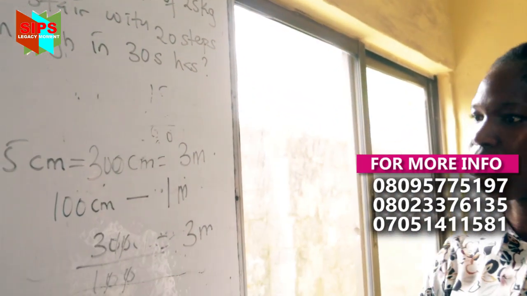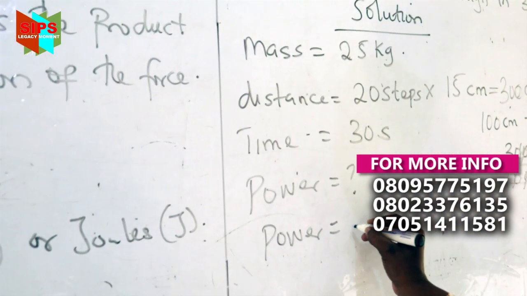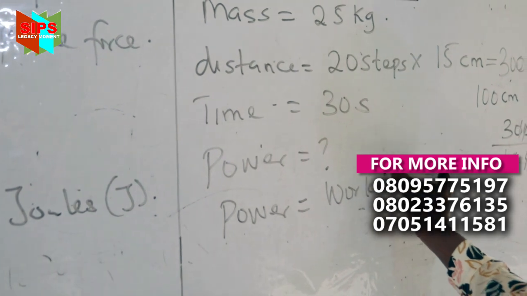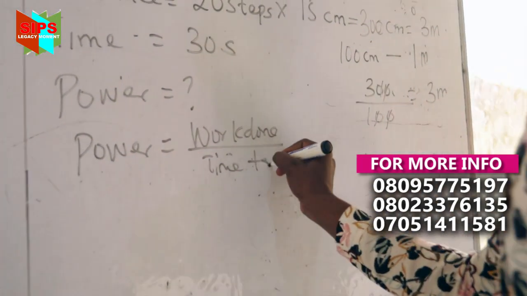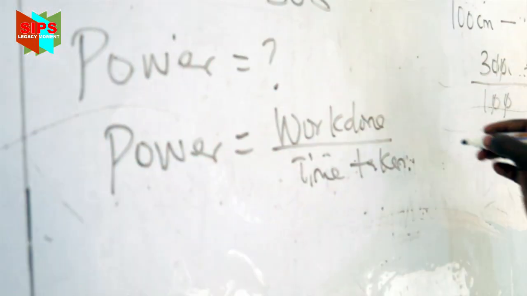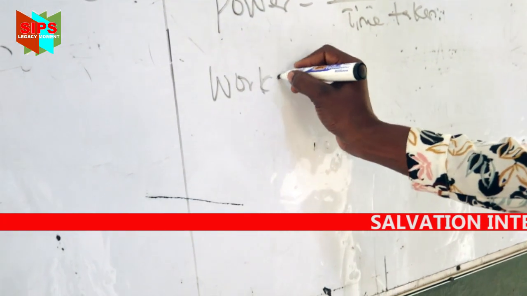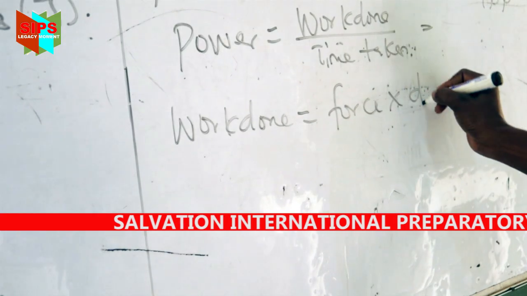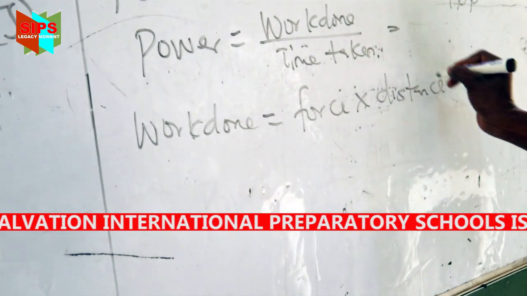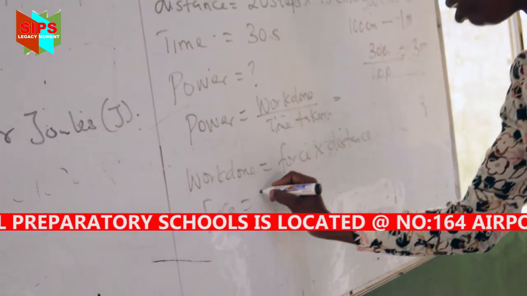3 meters. Now quickly, power from our formula is work done over time taken. Now we have to calculate for work done, which is force times distance. Again, we are not given force, so we'll calculate for force, which is what?